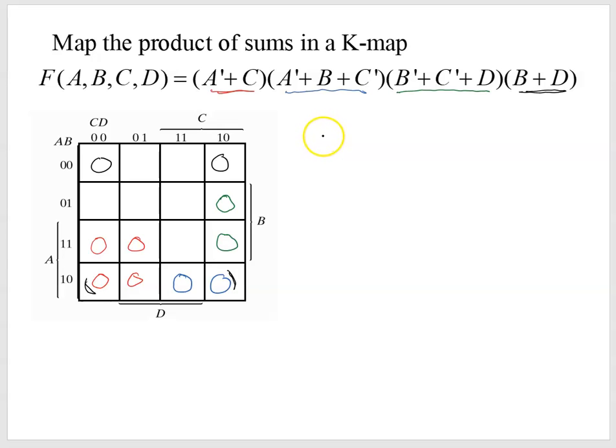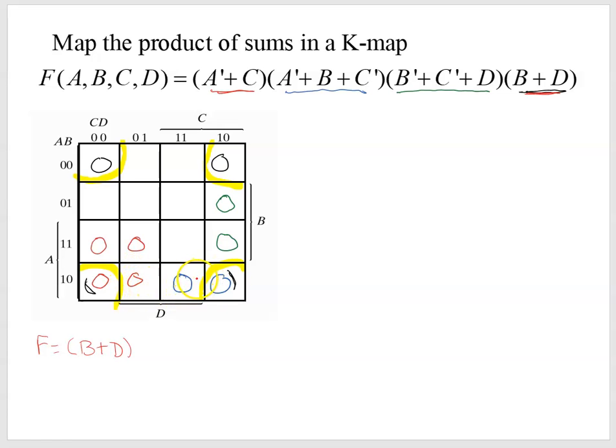Now let's see if we can minimize this. From this corner here, the maximum we can get is the 4 corners. So we go back to the 4 corners: F is equal to B or D, and that's the same as in our original function. We haven't minimized that.